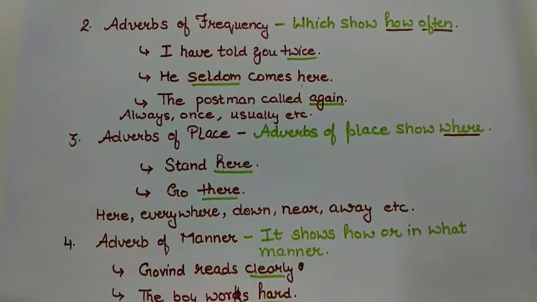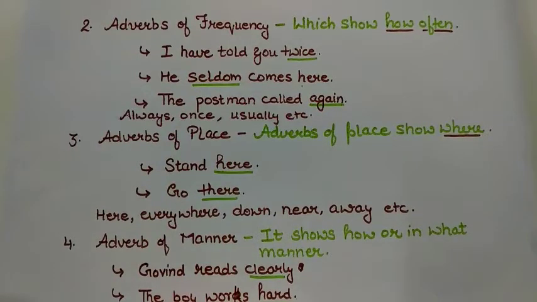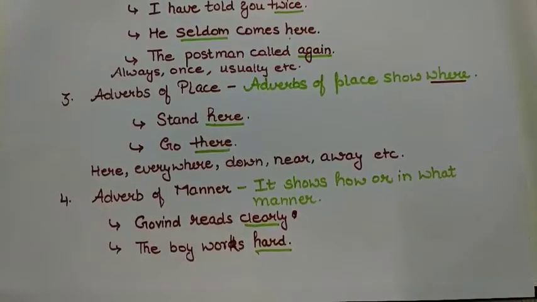After adverbs of place, the next type of adverb is adverb of manner. Adverb of manner shows how or in what manner the work is being done, or the way of doing. Like, Govind reads clearly. How? Clearly. So the word clearly is showing adverb of manner.